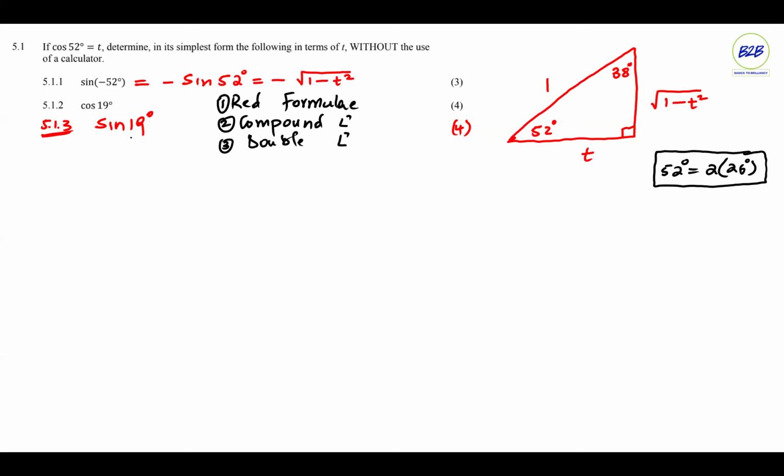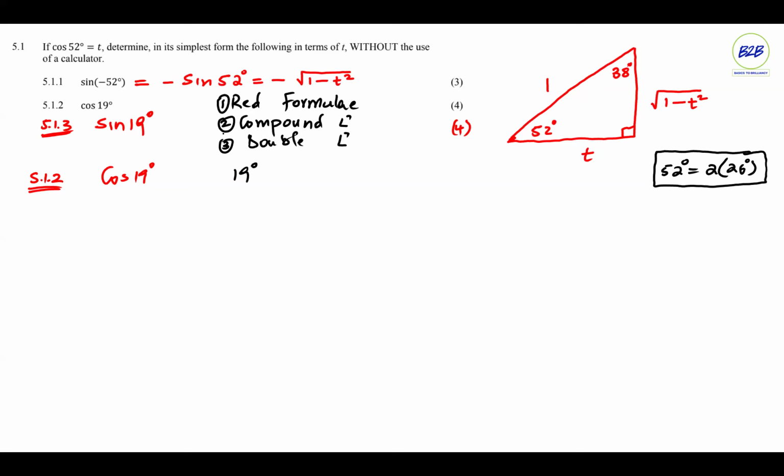But in this case, it's more or less of a reverse double angle method. In 5.1.2, we want the value of cosine of 19 degrees. But we see here that actually this 19 degrees, how do we link it to any of those angles in the right angled triangle?